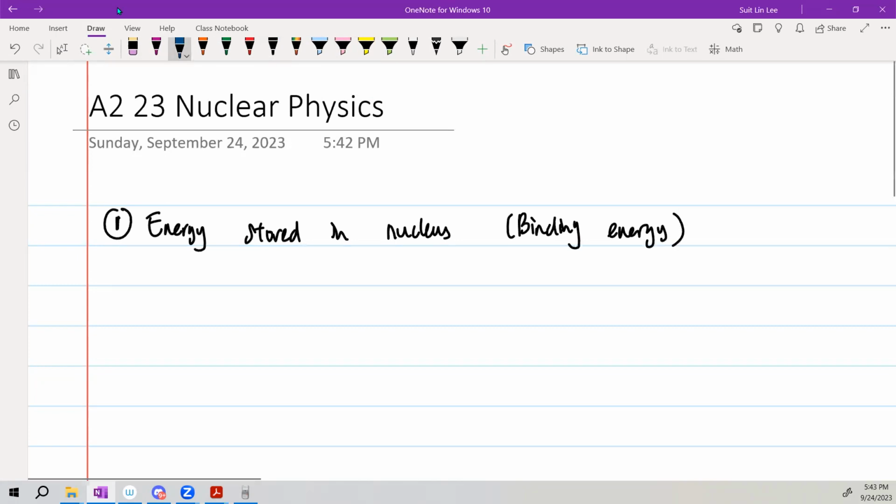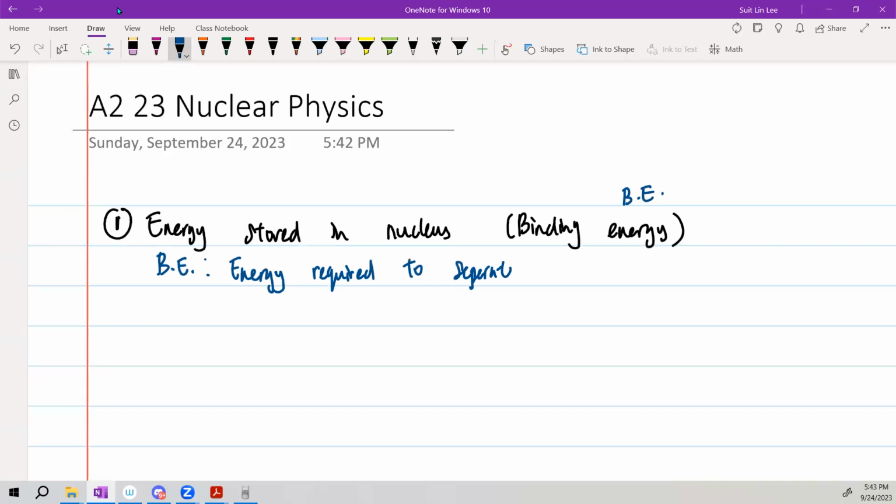We define binding energy, I'm going to use BE as a short form, as the energy required to separate completely to infinity all the constituents, basically all the protons and all the neutrons in a nucleus.